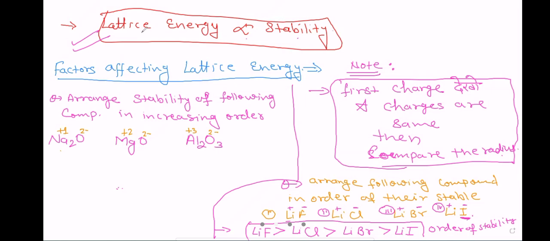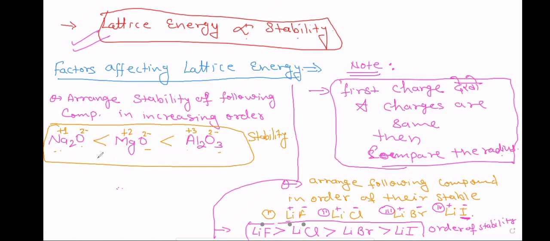So lattice energy is directly proportional to charge. Which one has the maximum charge? The aluminium ion, because the second one is the same, so you will see the cation. The aluminium oxide has maximum stability because it carries the maximum charge. Or I can say this is the stability order.